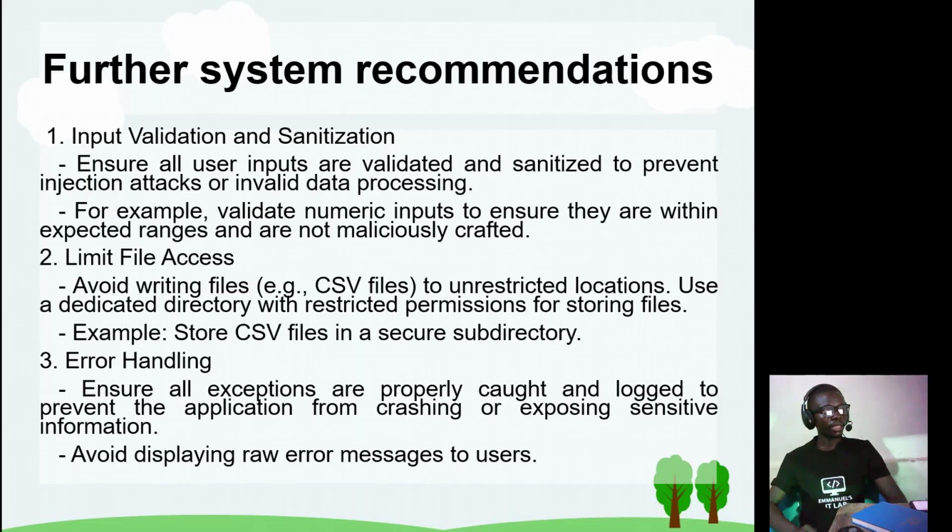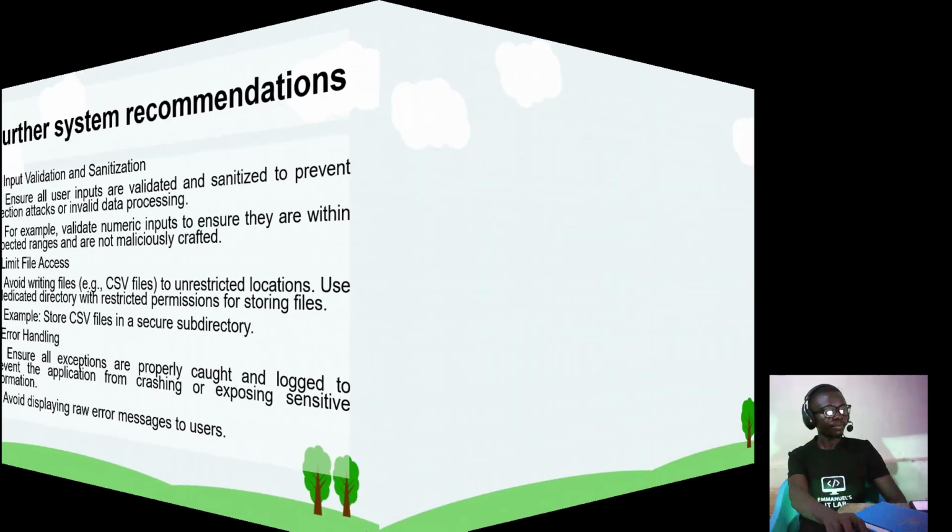Then file access limits: avoid writing CSV files to unrestricted locations, like the way we did. Use a dedicated directory with restricted permissions. For example, store CSV files in secure subdirectories. Also error handling: ensure all exceptions are properly caught.